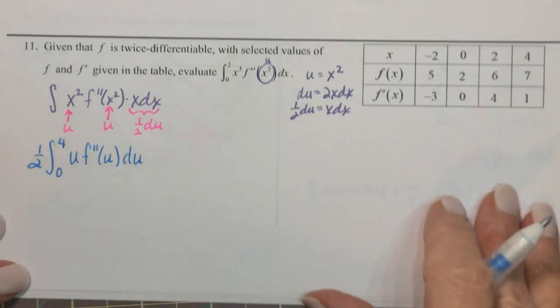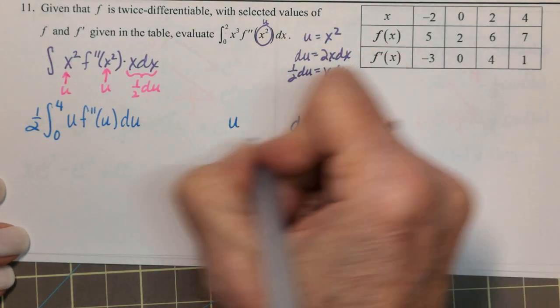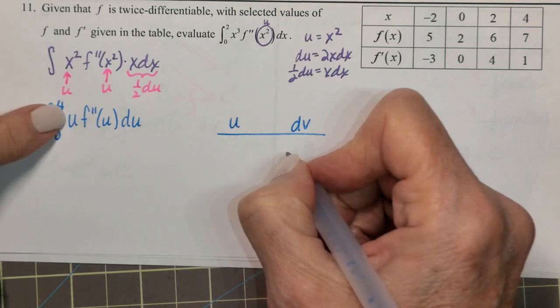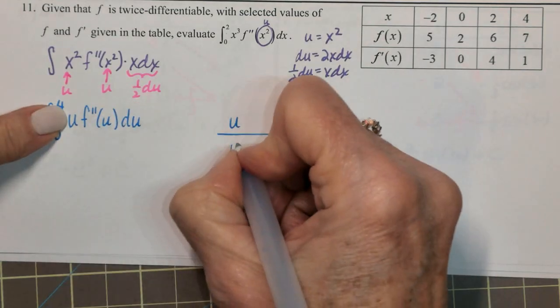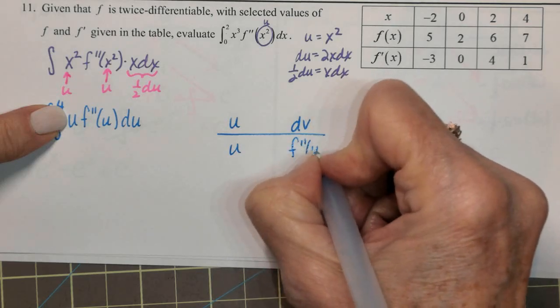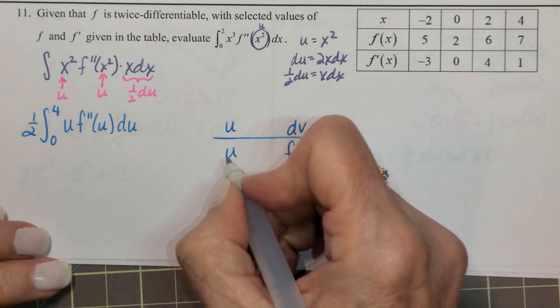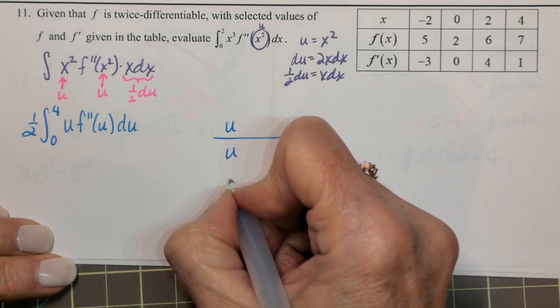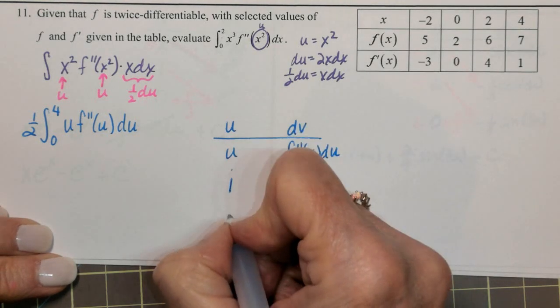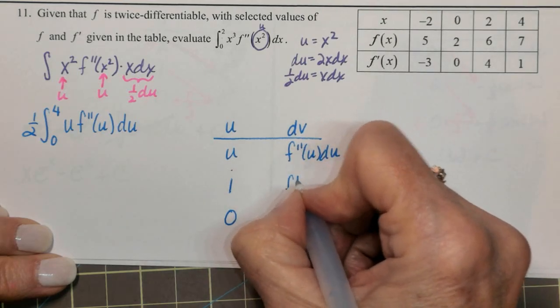Now we can do by parts. So u and dv, our u is u, right? dv is everything else. Derivative with respect to u, derivative again, the antiderivative over here.